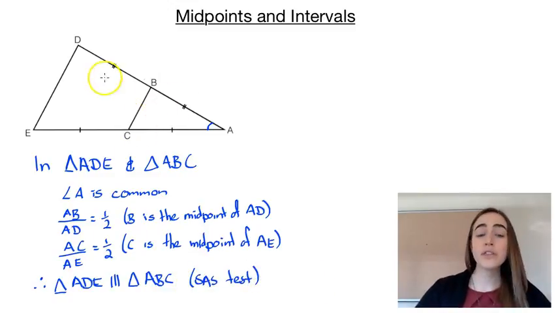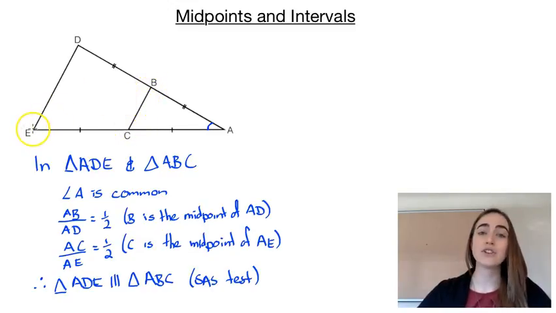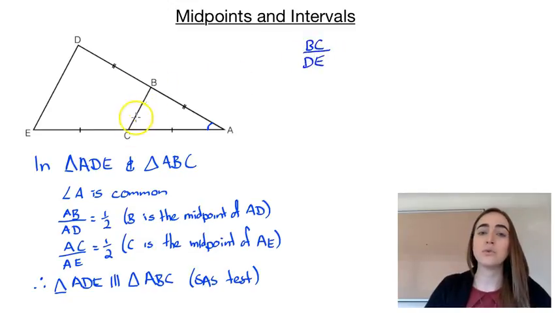Okay, so now we know that our two triangles are similar, we need to look at what we can pull from that. So we're focusing specifically on this interval here, so the interval BC, and its corresponding side in the larger triangle, which is DE. If we compare the lengths of those, we know that BC over DE, so that's the one in the small triangle over the one in the large triangle, is going to be equal to a half.